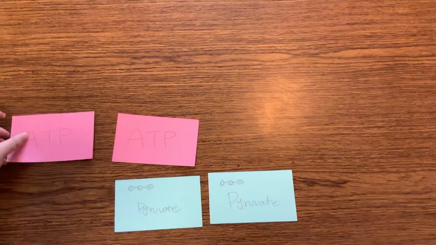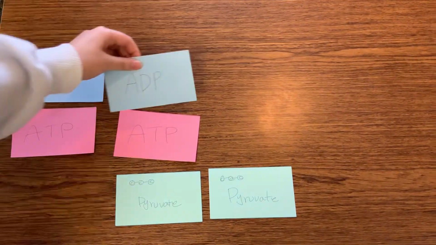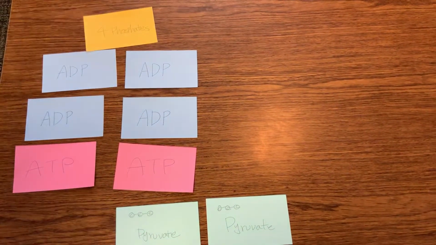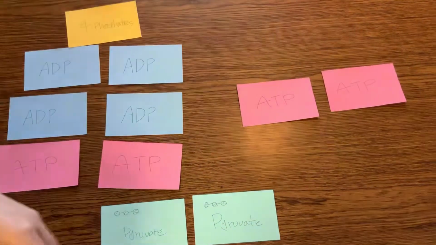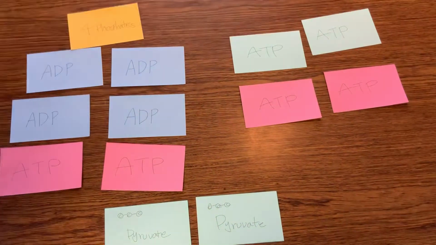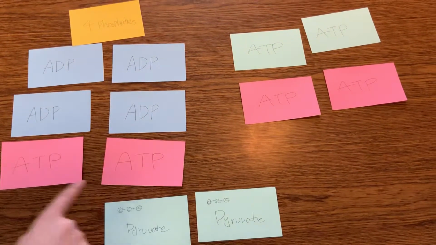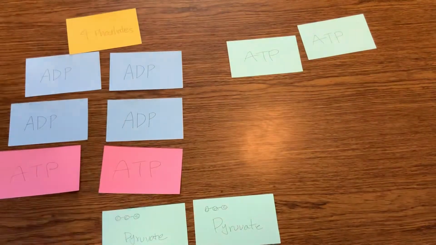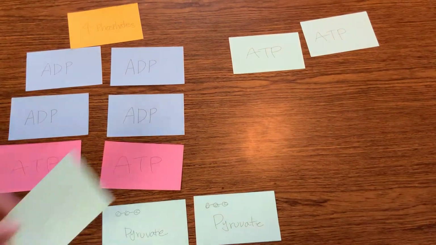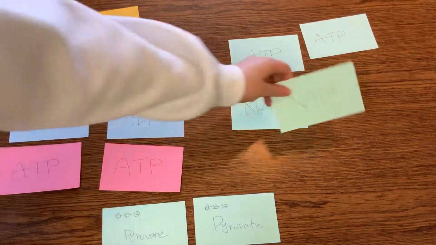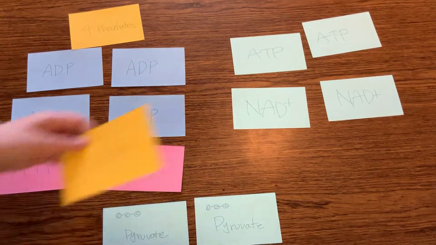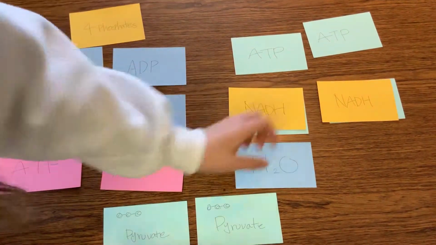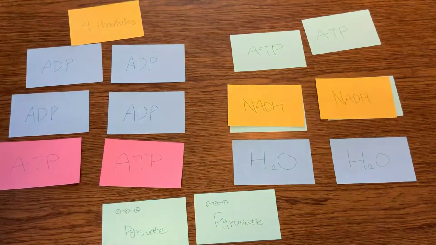During this process, 2 ATP, 4 ADP, and 4 phosphates are converted to 4 ATPs. But you see how those 2 ATPs are already used for the process, so the actual product is 2 ATP. And 2 NAD plus is converted to 2 NADH. And 2 water molecules are also formed.